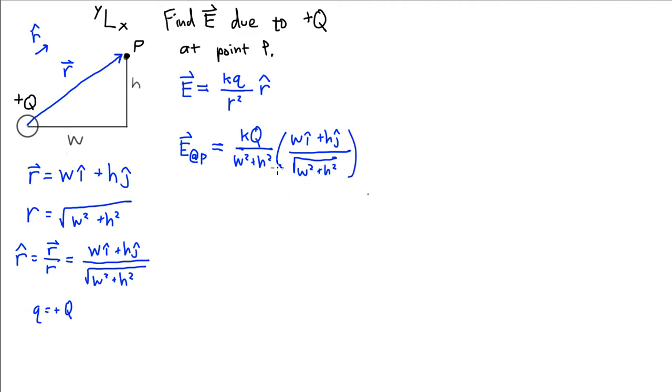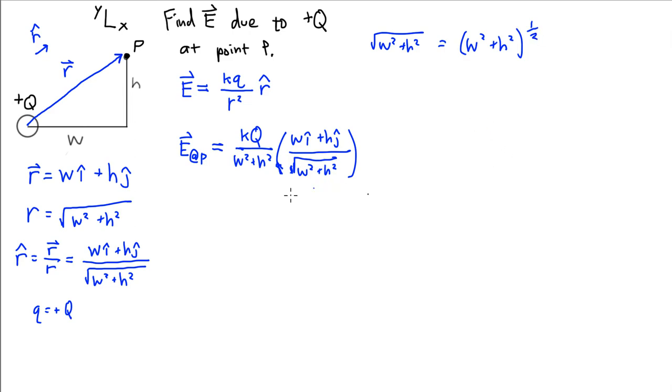Okay, so what you'll notice is that in the denominator, it's nice to simplify a little. Recall that the square root of W squared plus H squared is W squared plus H squared to the 1/2 power.